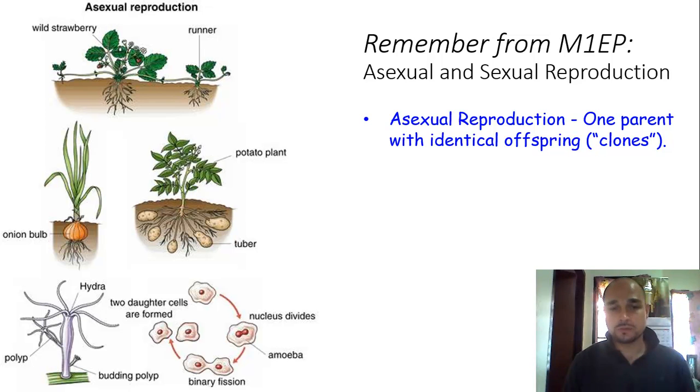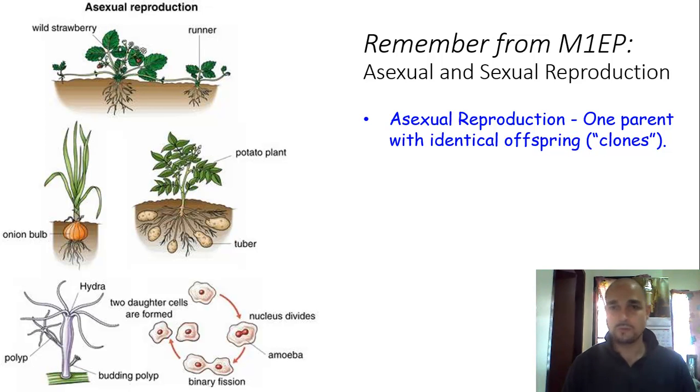It comes off of the side, and then it pops off, and then you have a second organism. The type of asexual reproduction we learned about the most was just basic cell division. You can see a picture of it at the bottom. One cell, the nucleus divides, and then the one cell splits into two, and those two cells are called daughter cells.